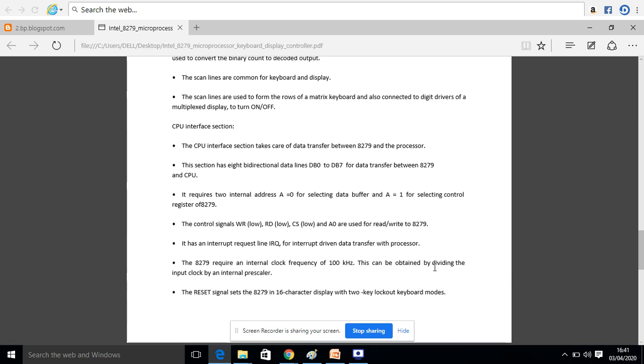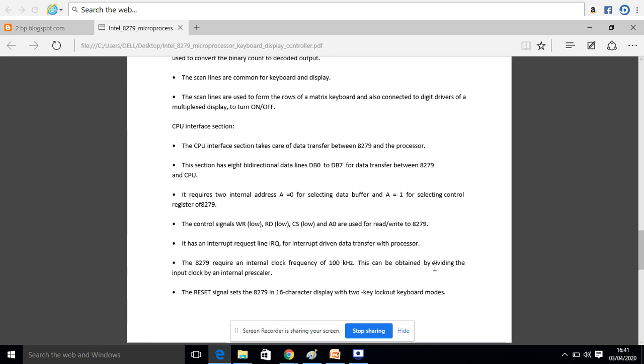It requires two internal addresses: A0 equals 0 for selecting the data buffer and A0 equals 1 for selecting the control register of the 8279. The control signals, that is write, read, chip select and A0, are used for reading and writing the 8279. It has an interrupt request line for interrupt-driven data transfer with the processor.